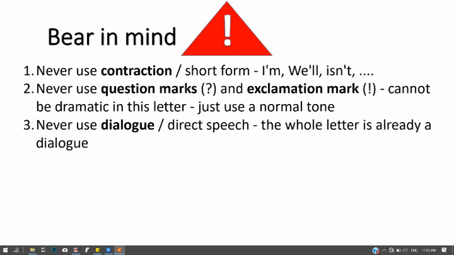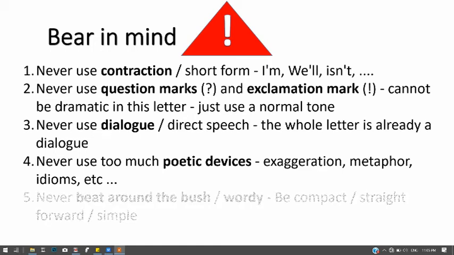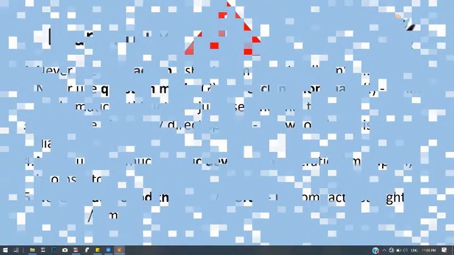Just use a normal tone. Never use dialogue or direct speech because the whole letter is already a dialogue. Number 4, never use too many poetic devices to show exaggeration, metaphor, idioms, and all that. Okay, never beat around the bush. That means don't be wordy, but be compact, be straightforward, and be simple.